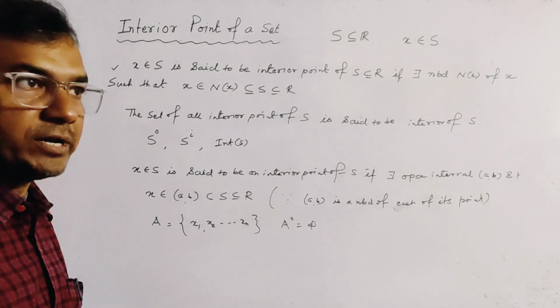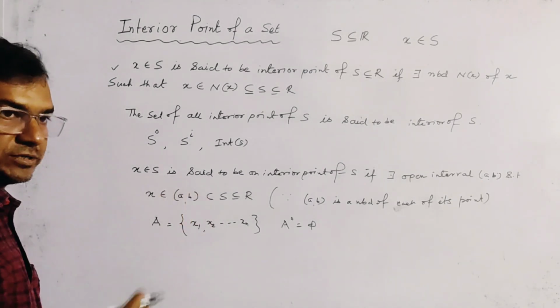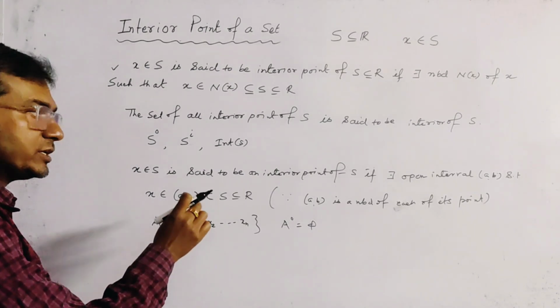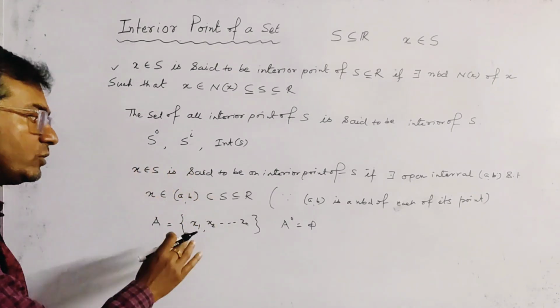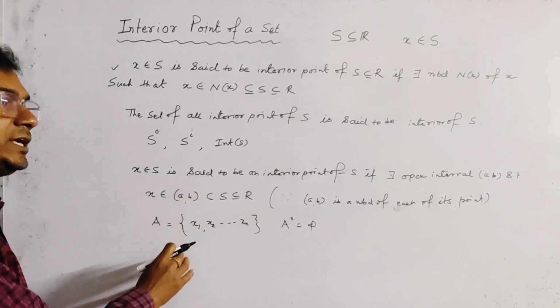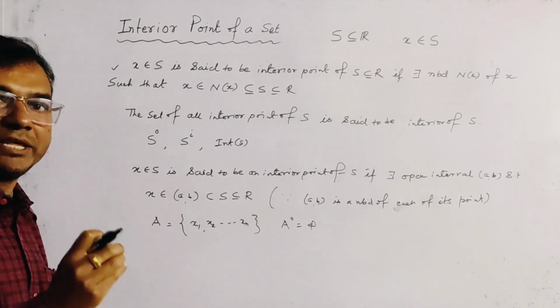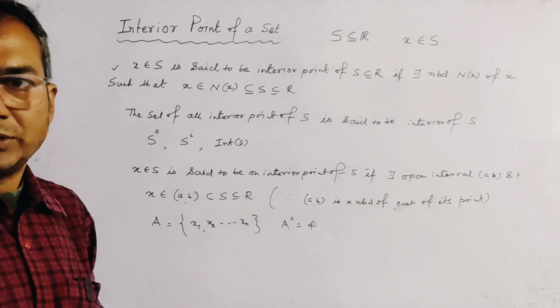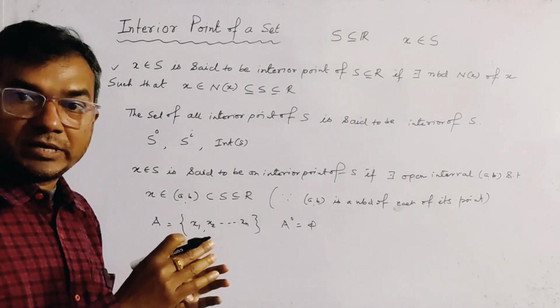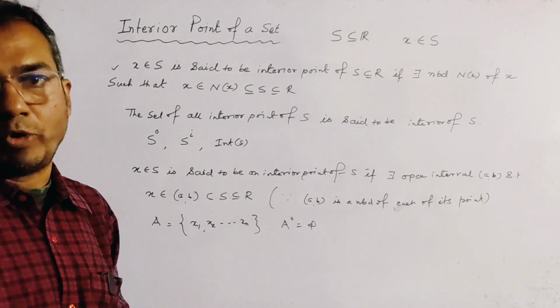Why? If we try to find a neighborhood of any point xi which is totally contained in the set, we cannot, because any neighborhood of a point of R contains infinitely many points.